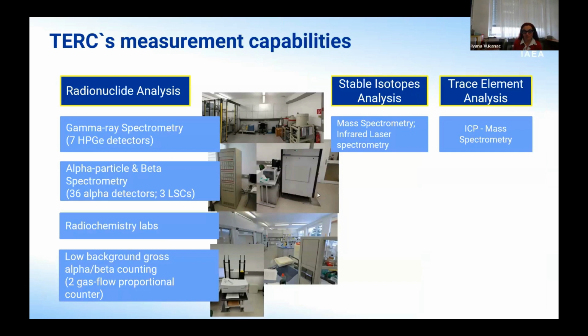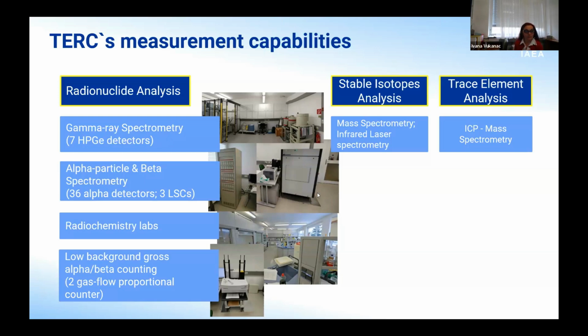In the TERC laboratory, we perform trace element analysis, stable isotope analysis, and of course radionuclide analysis. For the purpose of measurements of radionuclides, we have a well-equipped gamma spectrometry laboratory with 7 high-purity germanium detectors.